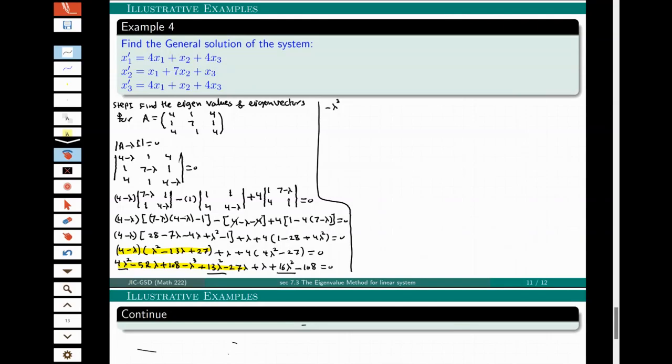So is it? Okay, let me see. I will have here 4, and minus times minus will be plus 13. That is okay also. I have here 16.